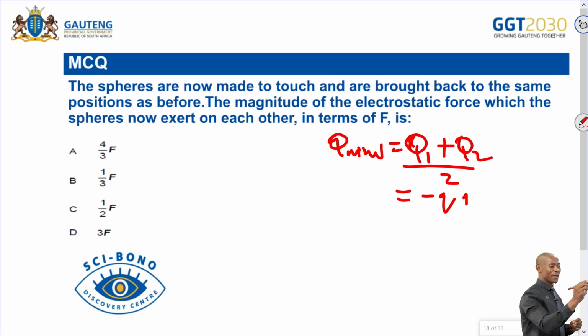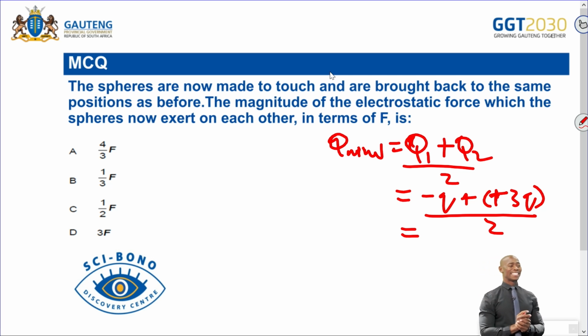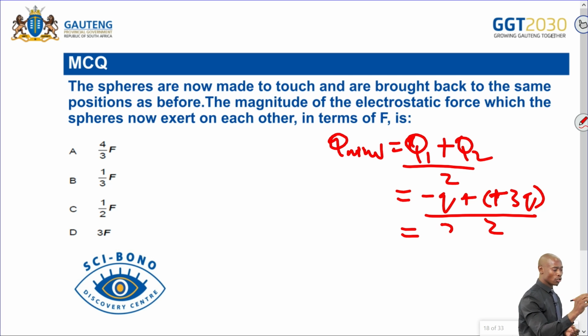Negative Q, and then plus 3Q, over 2. So I'm having negative Q plus 3Q, which is going to be 2Q over 2, which is going to be 1Q, which is just Q.